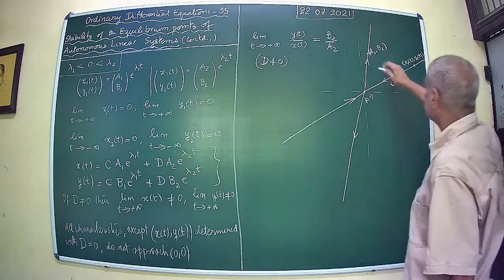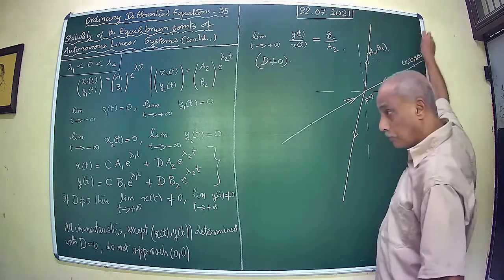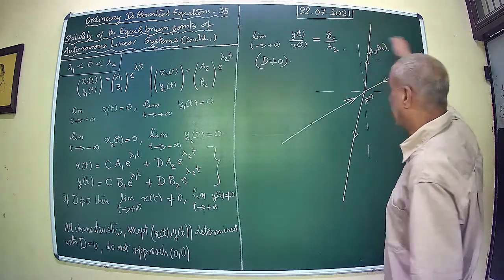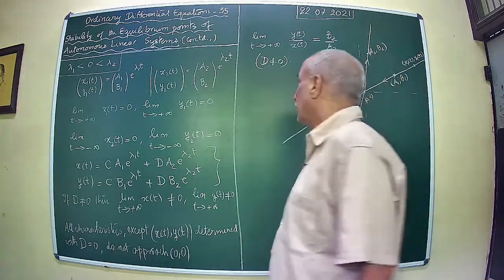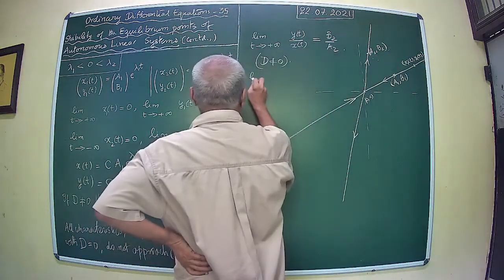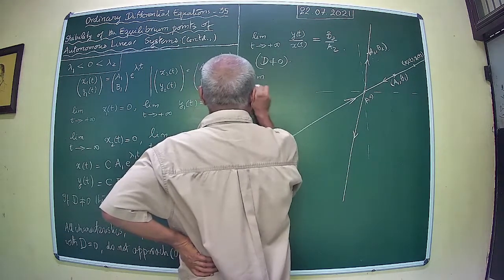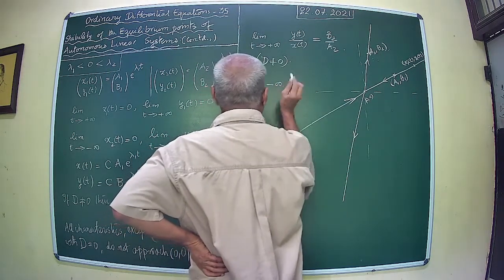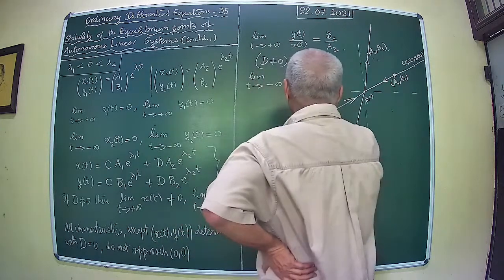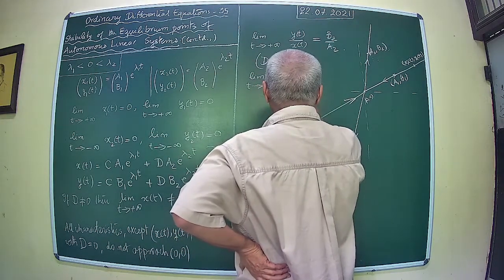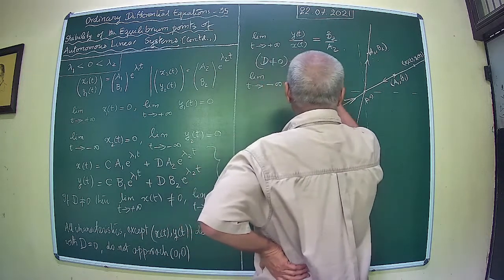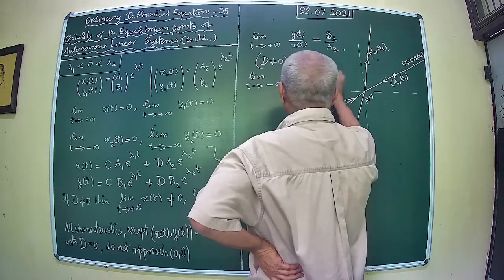So this is the direction along which all paths other than these two run away. But you can also see the limit as t tends to minus infinity, where do they come from? y(t) by x(t), this is equal to, what is it?